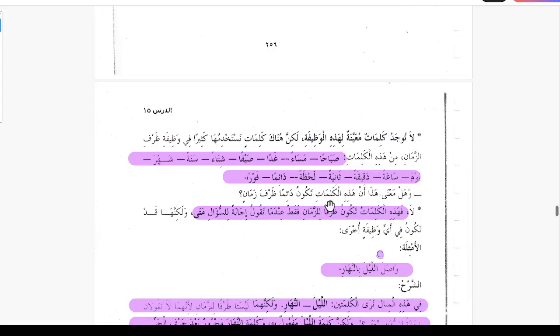So no, they are not always zarfu zaman, adverb of time. "Fahadhihi al-kalimatu takunu zarfa zaman faqat idhan tujibu 'ani as-su'ali mata".